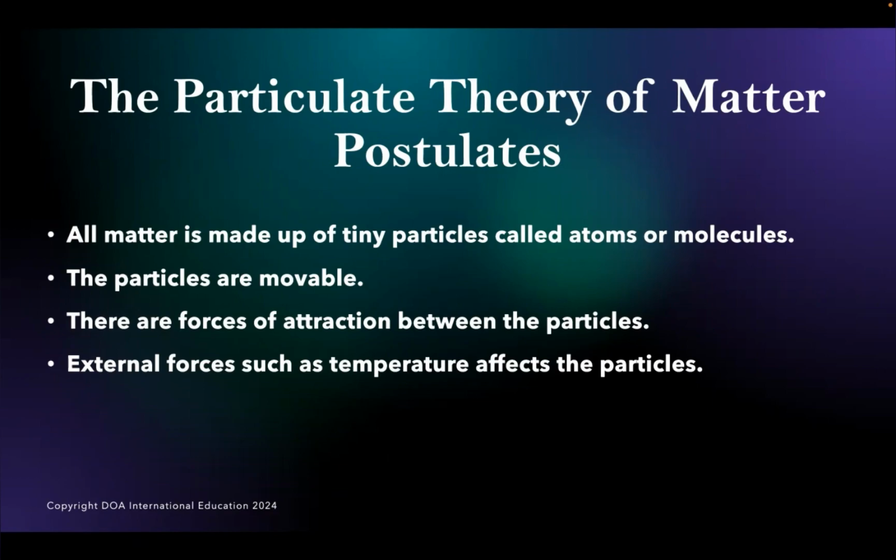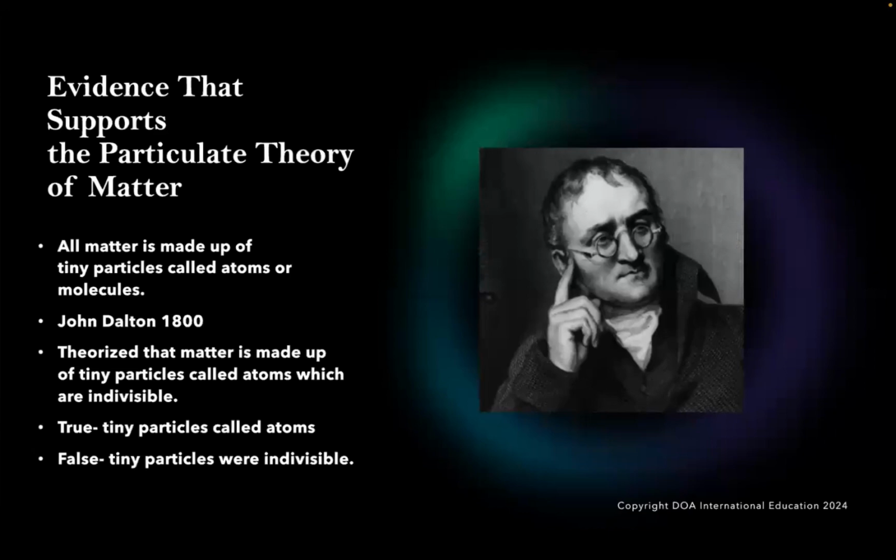Now, I am going to be elaborating on some examples that really test if these postulates are true. The first postulate or proposition was that all matter is made up of tiny particles called atoms or molecules.